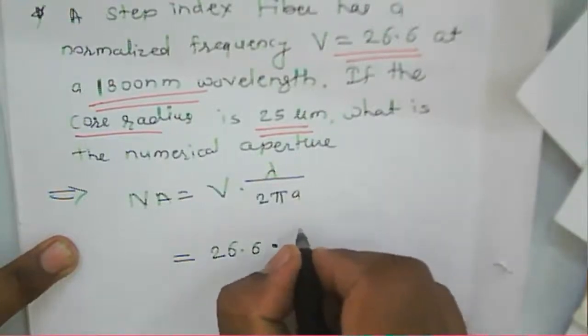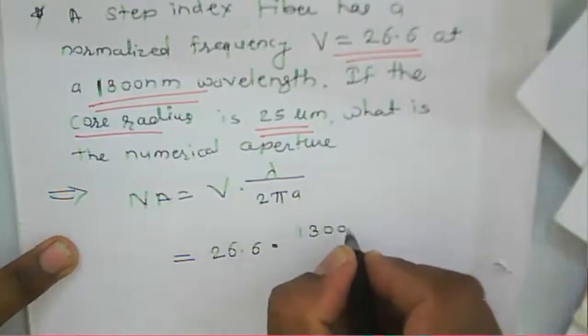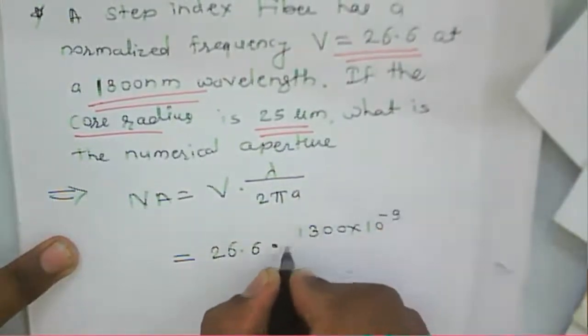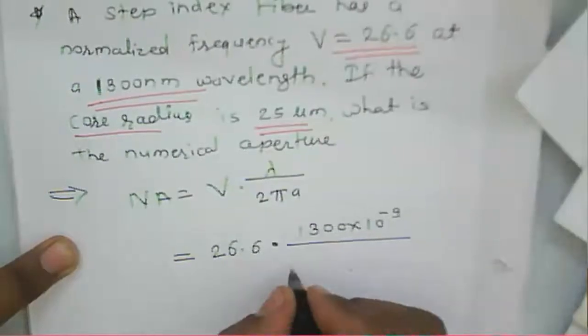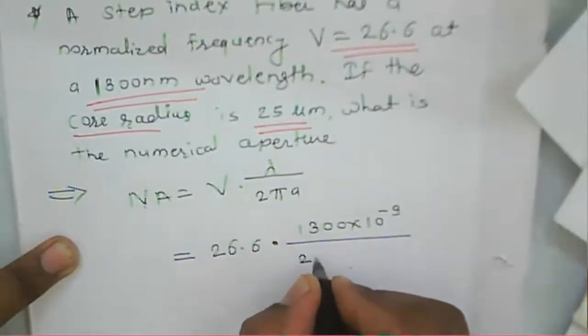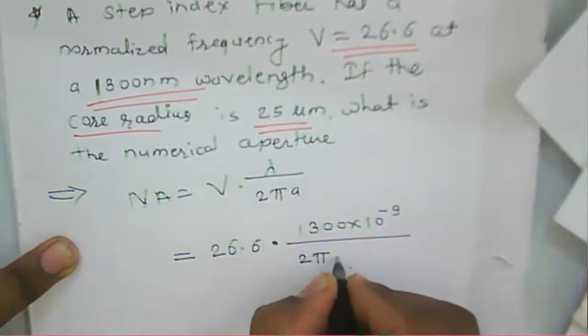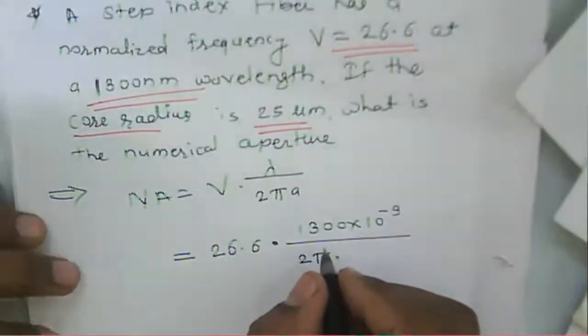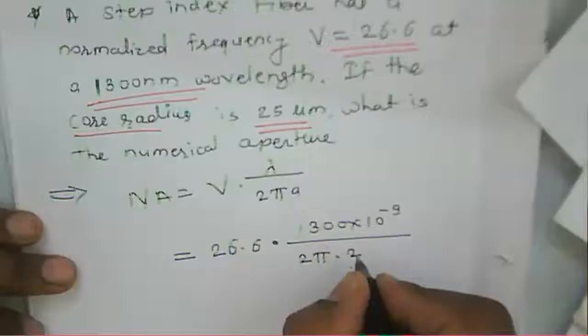Lambda is 1300 nanometer, that is 10 to the power minus 9, and twice pi A, A is the core radius, 25 micrometer.